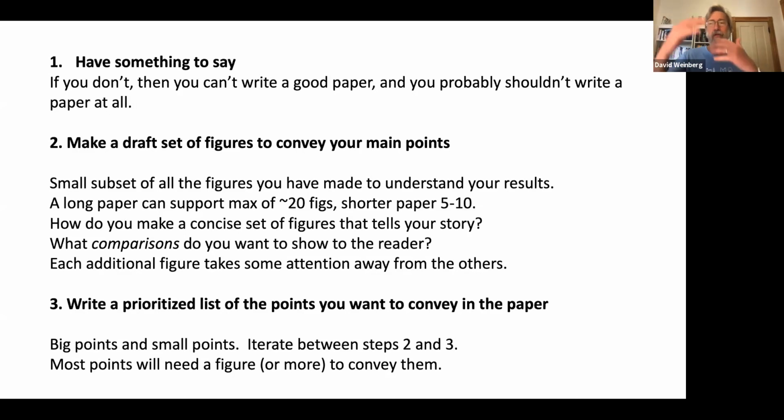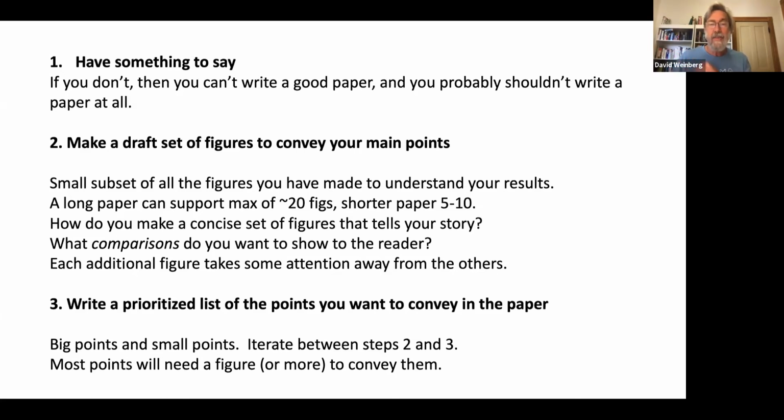It's good to try to write down all of the things that you hope you will convey in the paper, and then think about the priority of them. And sometimes you'll decide, oh, this is so long that these lower priority points I should just leave out because they were interesting to me, but they're not sufficiently important.